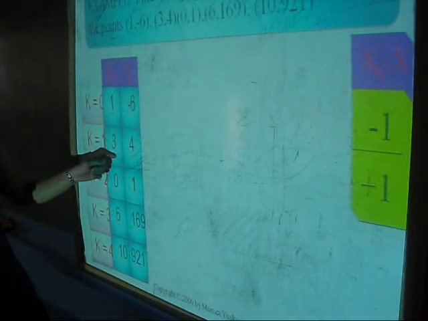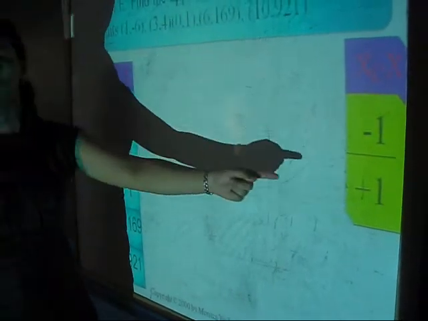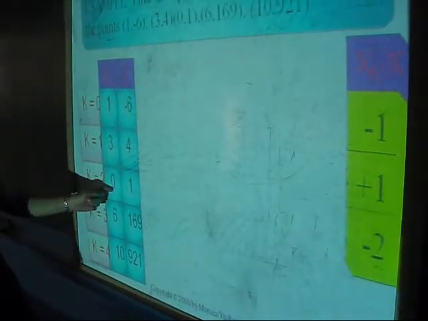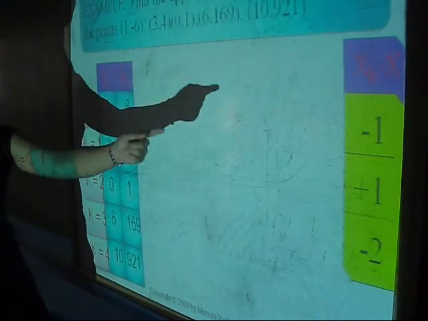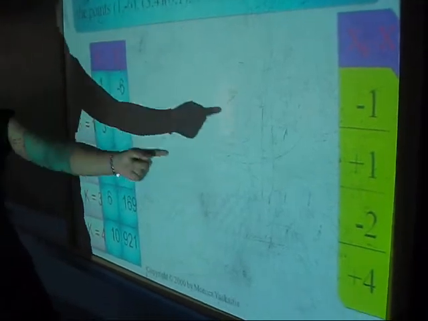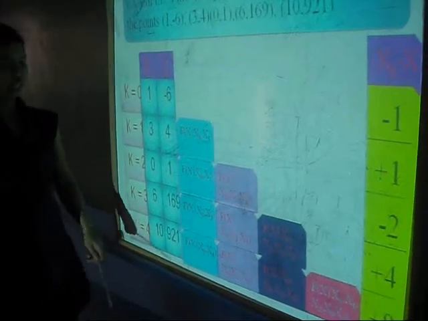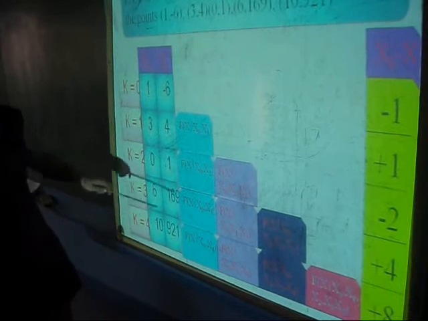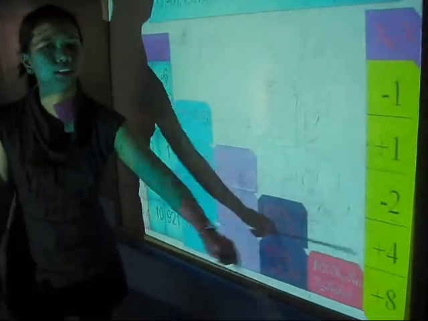And then 3 minus 2 is equal to positive 1. 0 minus 2 would be equal to -2. And then 6 minus 2 is positive 4. And then get the difference between 10 and 2, which will result to positive 8.